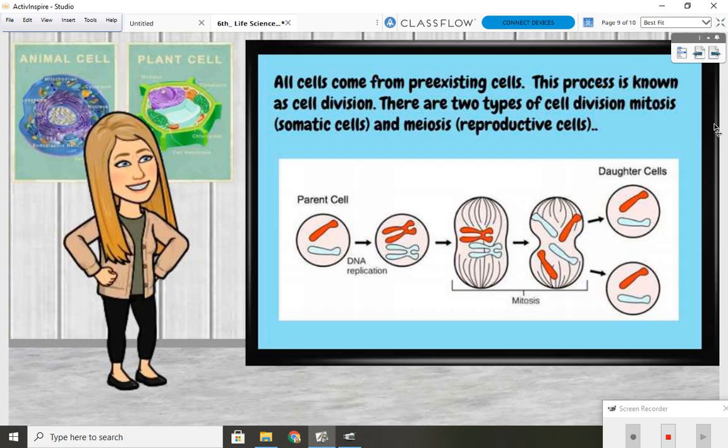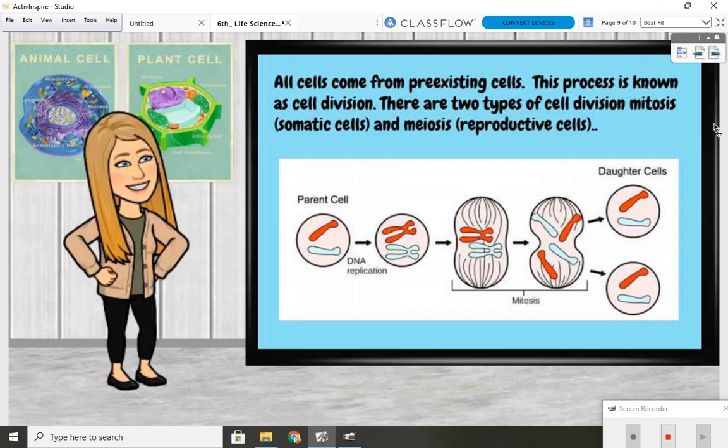Somatic cells make up all of the regular cells in a living organism, plant or animal. Let's talk about humans, because you and I are super familiar with humans since we are human. Our bodies are full of somatic cells: our skin cells, our cardiac cells, our muscular cells, the cells that line our stomachs and our intestines and all of our organs, our blood cells.